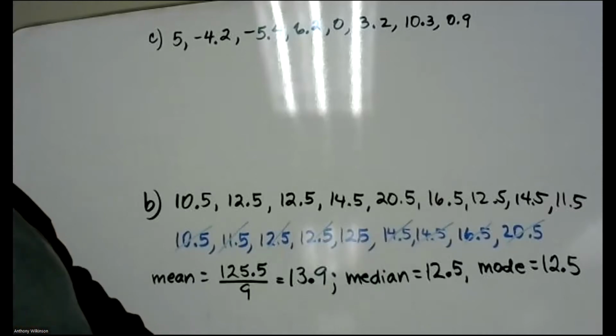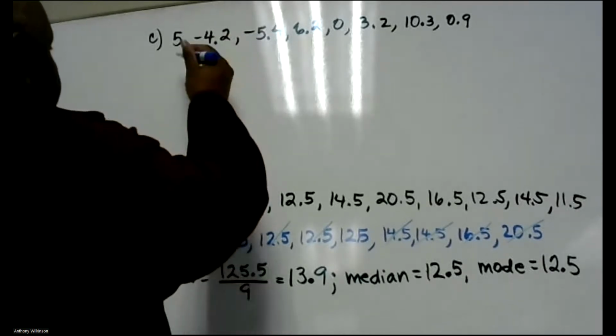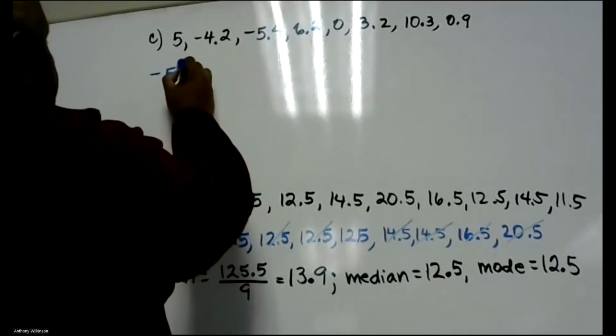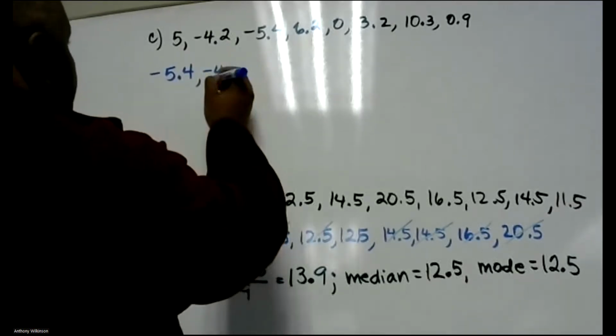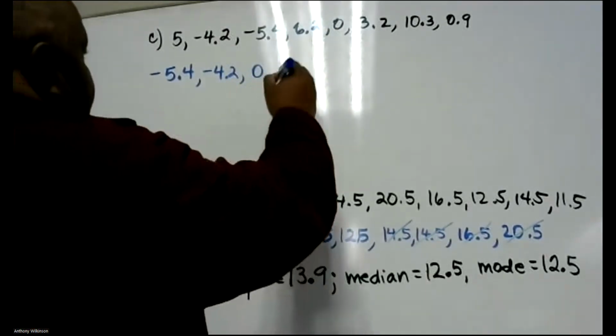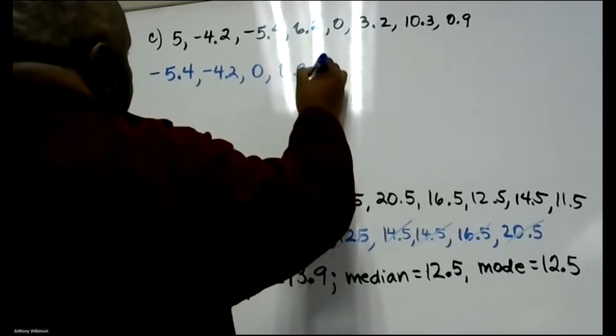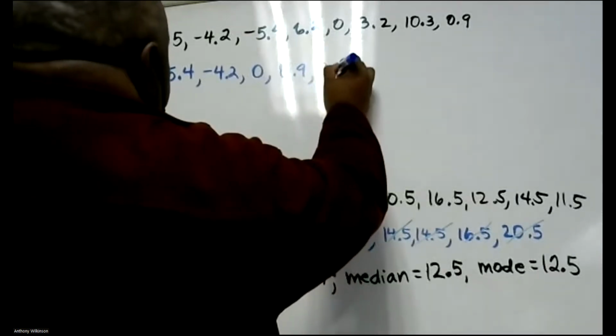So now we need to place these data values in numerical order from least to greatest. Well, let's start with the negative numbers here. The one that's furthest to the left of 0 will have to be negative 5.4. So that goes first. And then negative 4.2. And then we've got 0. And then next is 0.9. 3.2 is next.